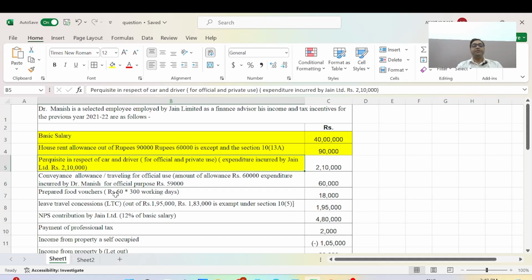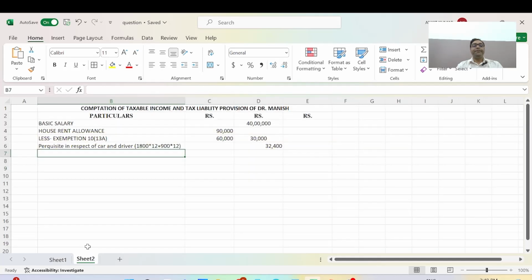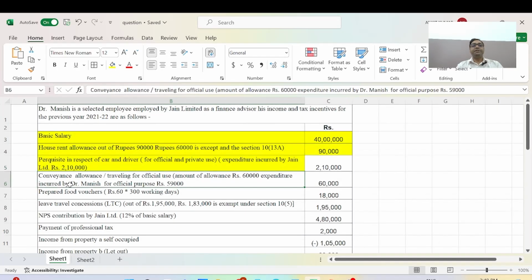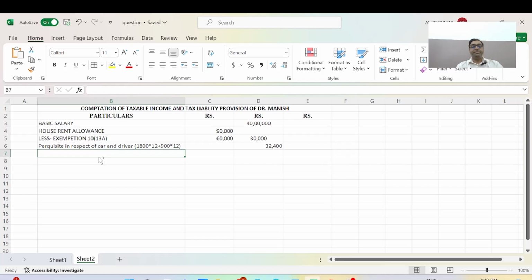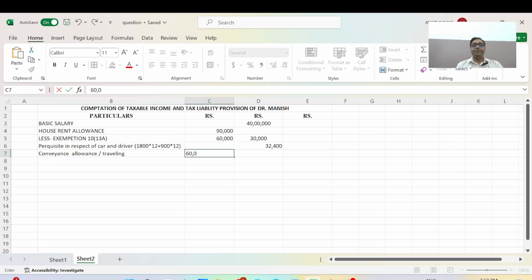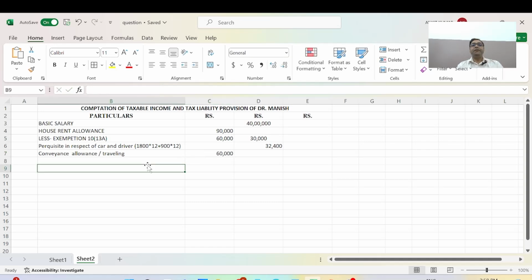The conveyance allowance and traveling allowance are exempted, for official and personal purposes. The company provides 60,000 rupees, but the money issued for official purpose is 59,000.